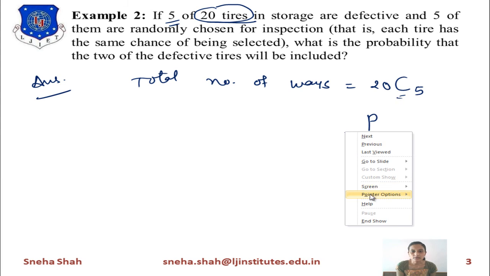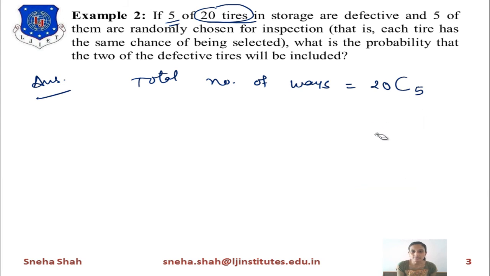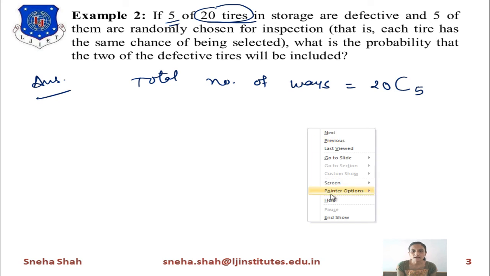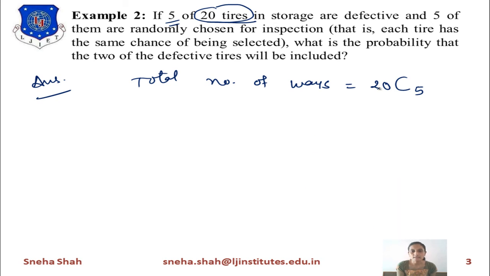You have to differentiate whether to take combination or permutation to solve any example. If a particular arrangement is required, take permutation; otherwise you can take the combination. Here a particular arrangement is not required, so we take the combination.